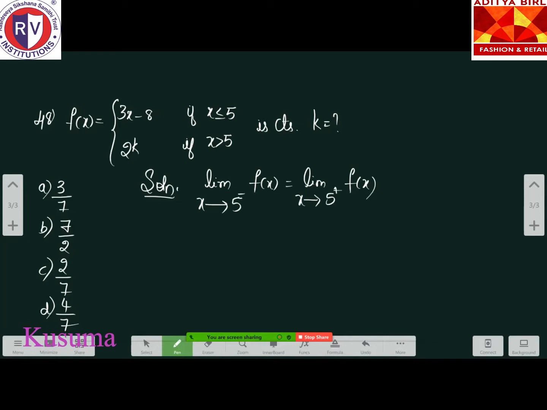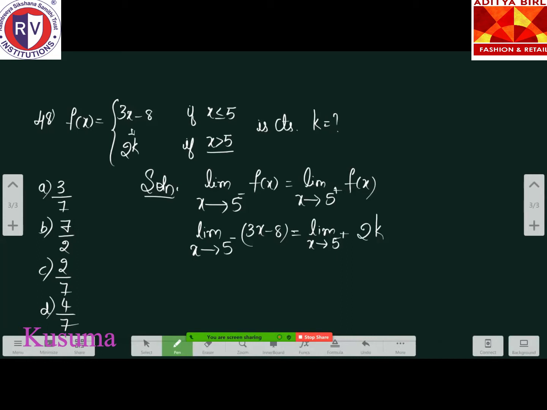What is the definition of the function here when x is less than 5? 3x minus 8. Here limit as x tends to 5 minus of 3x minus 8 must be equal to limit as x tends to 5 plus. So 5 plus means all the values that are greater than 5. When x is greater than 5, the function definition is 2k.